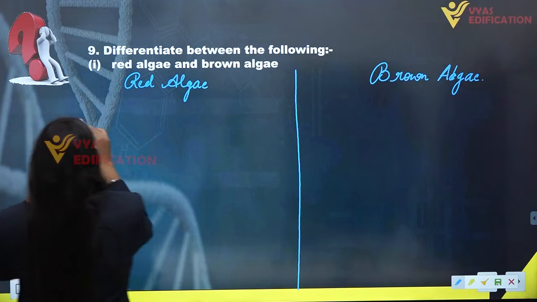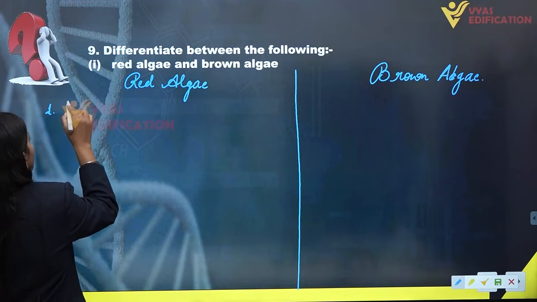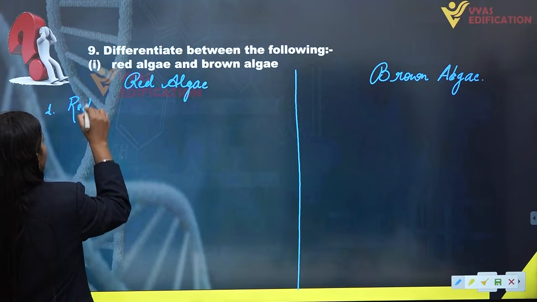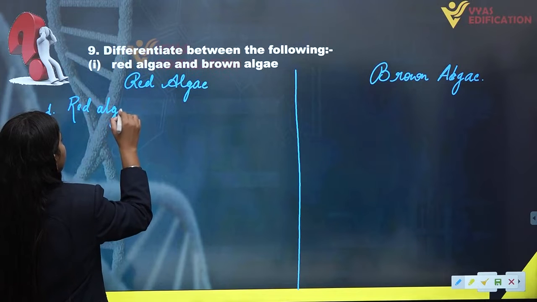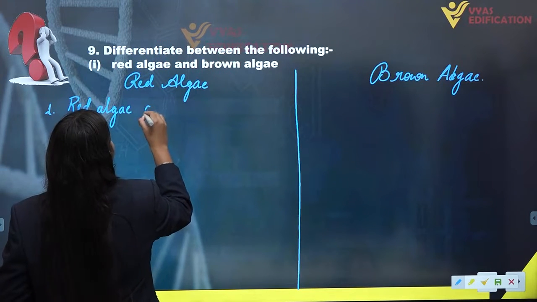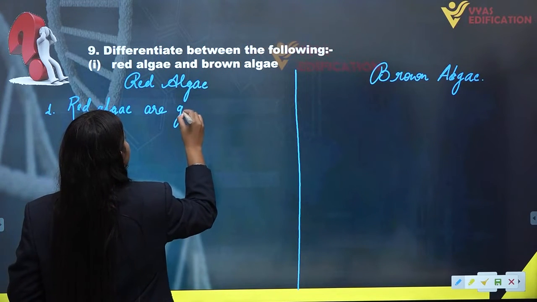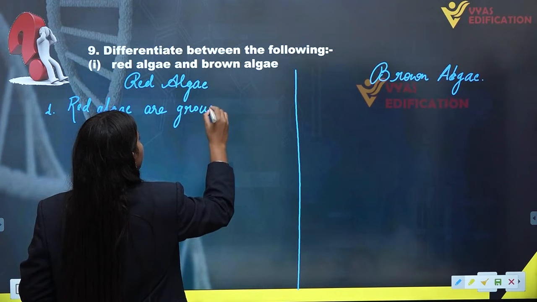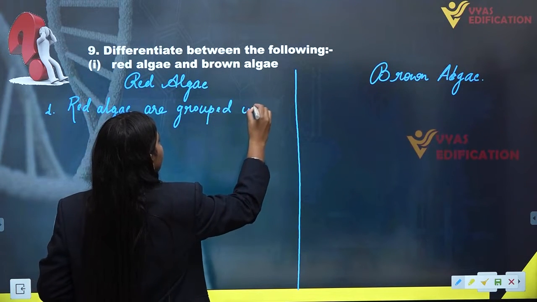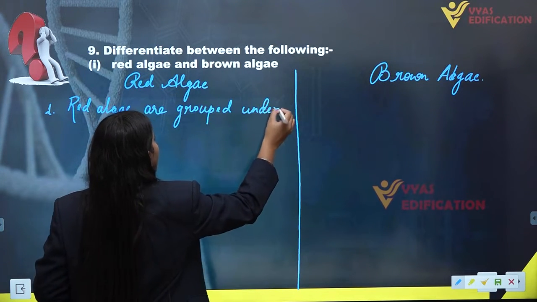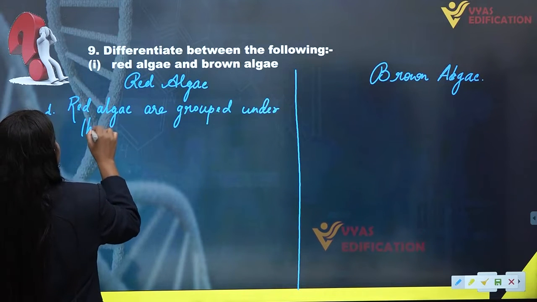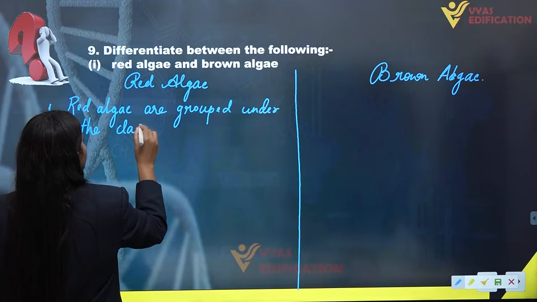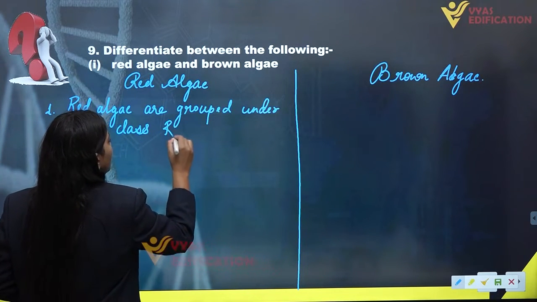So the first point would be red algae are grouped under the class Rhodophyceae.